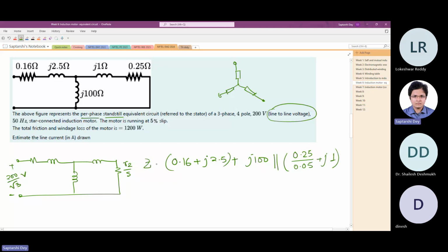So this is the equivalent impedance at 5% slip.